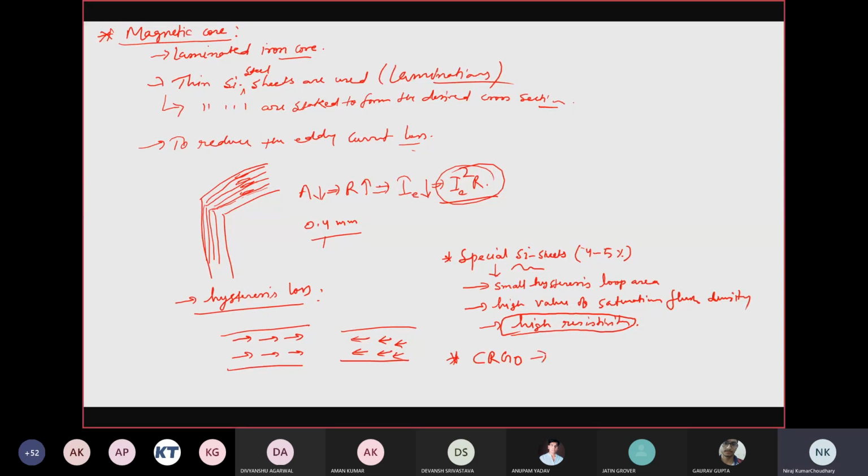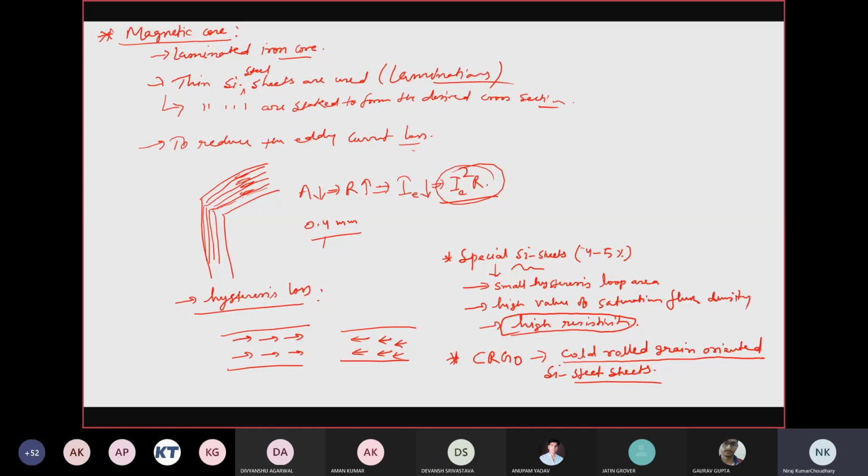The full form is cold rolled grain oriented silicon steel. इसका फॉर्मूला यही बस होता है, cold rolled grain oriented. So this type of silicon steel sheets are mainly used for the construction of the transformer core.